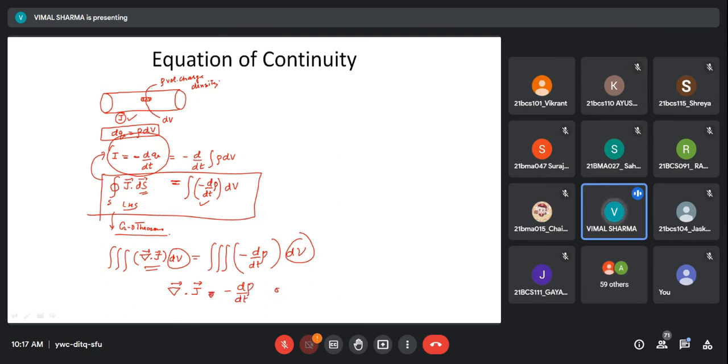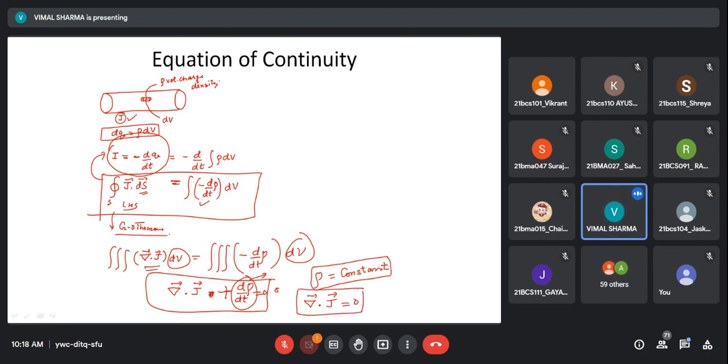Or if I shift it to this side, this equals 0. In the steady state case, when rho is constant, with no change in volume charge density, that is, steady current flowing, d by dt of rho is 0, then the divergence of J equals 0.